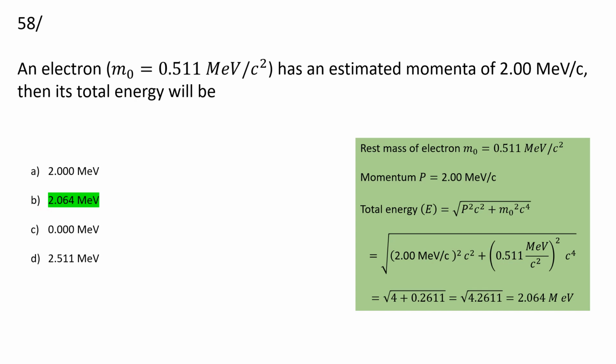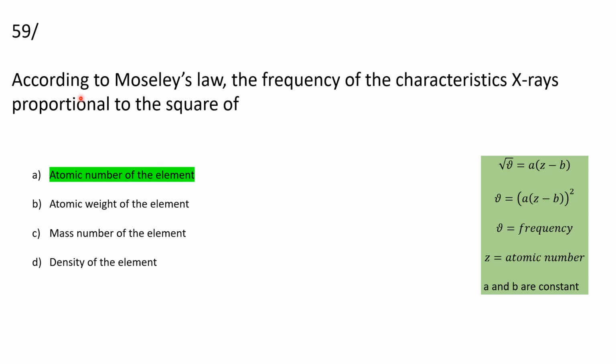2.064 mega electron volt. Then according to Moseley's law, the frequency of the characteristic X-ray is proportional to the square of what? The options are atomic number of the element, atomic weight of the element, mass number of the element, and density of the element.